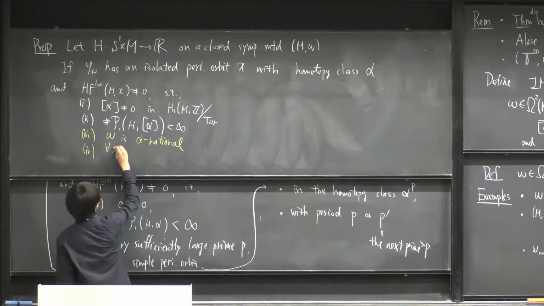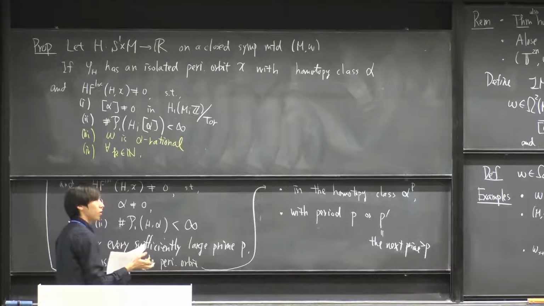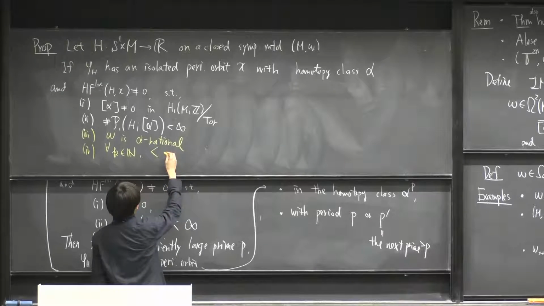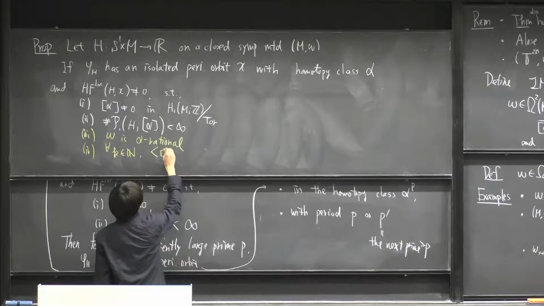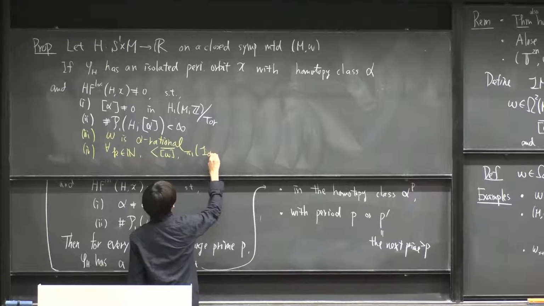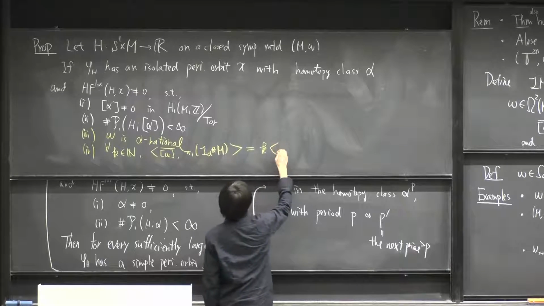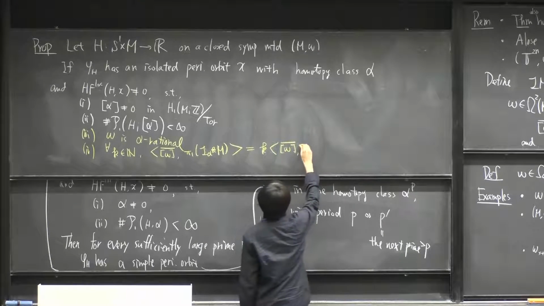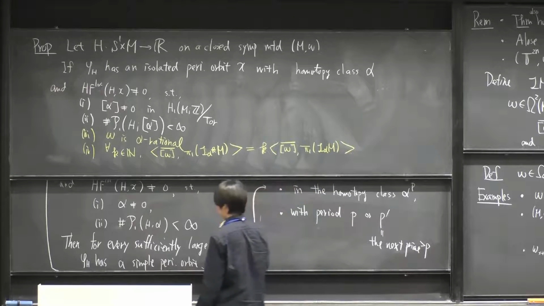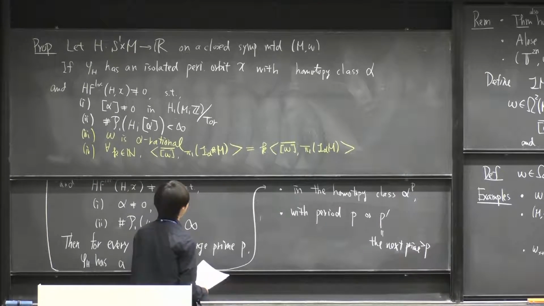The fourth one is for all k, in fact for all sufficiently large primes p, the following is satisfied. Namely, this homological condition holds.